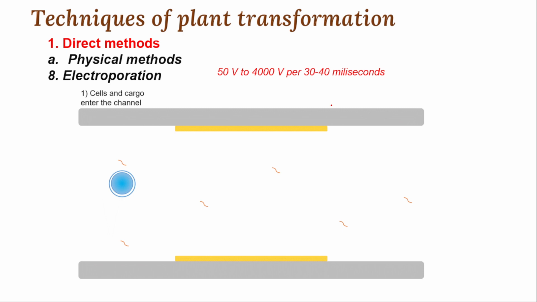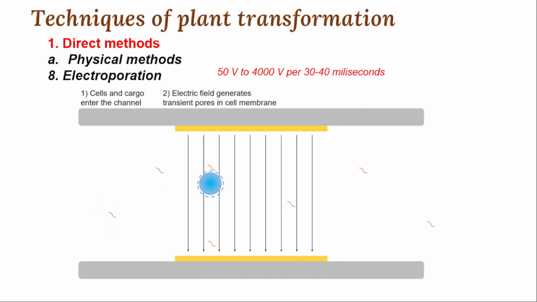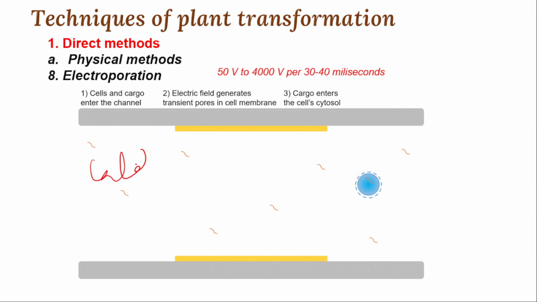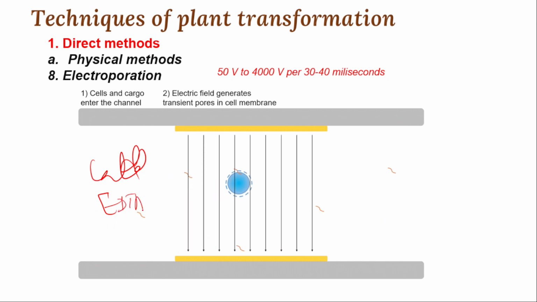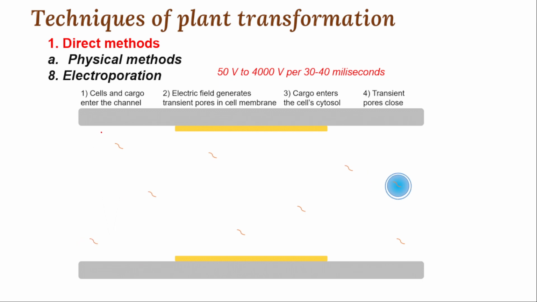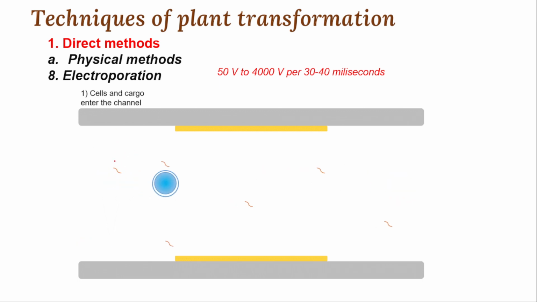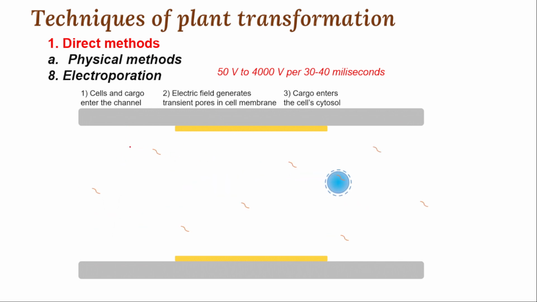The next method is called electroporation. What is electroporation? In a soup of calcium chloride or some solution, EDTA or other types of chemicals are used. They act like anionic buffers. So the protoplast cells with any desired DNA enter a chamber that contains electric voltage.